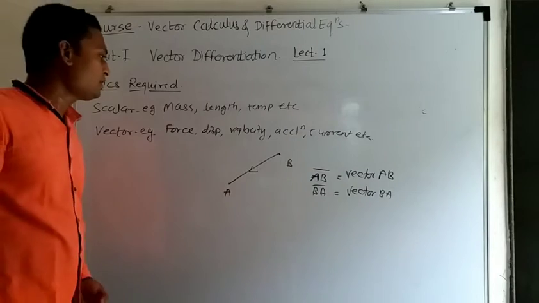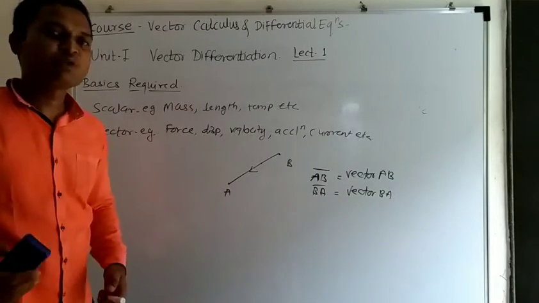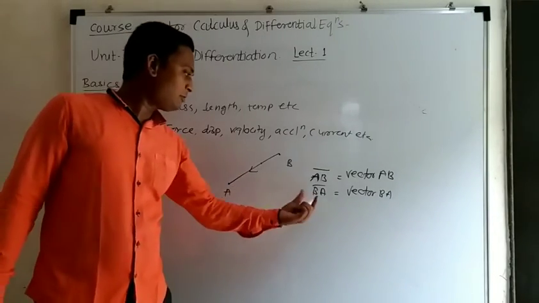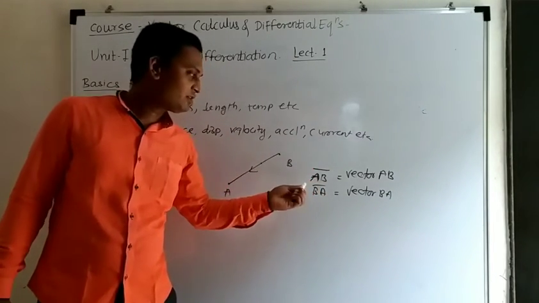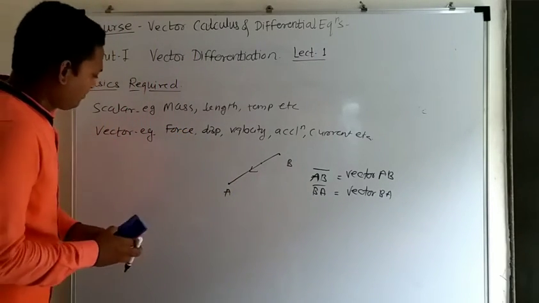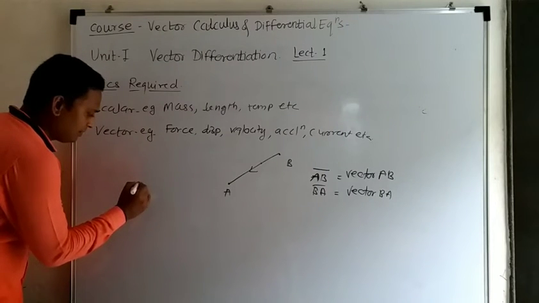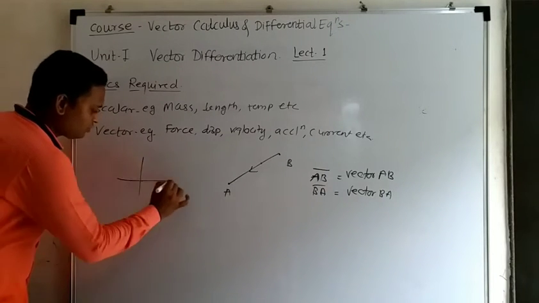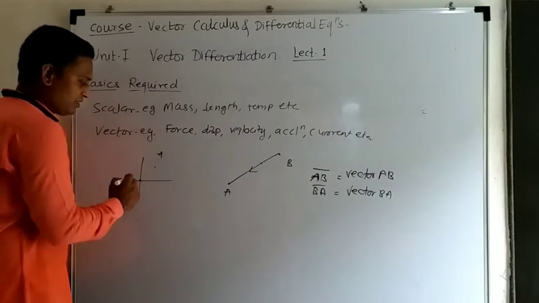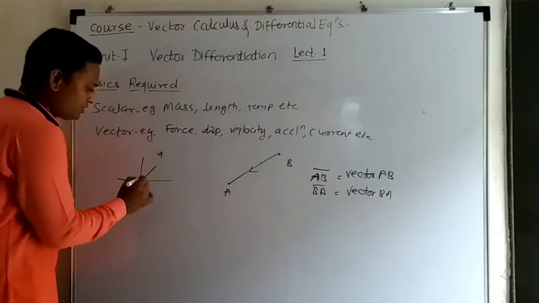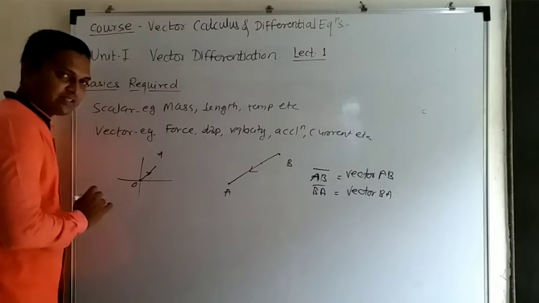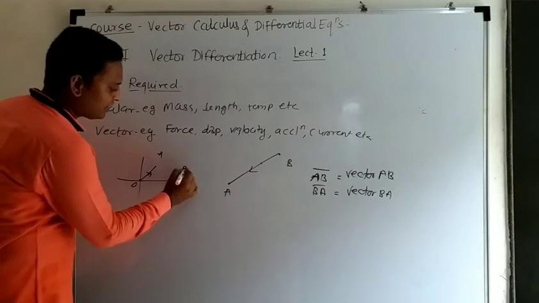Now after this, I am going to discuss the notations which we are going to use in the coming topics. Generally, we are not going to use this type of notation for vectors in this topic. We are going to use shorthand notations for the vectors. So, for example, if this is our 2-dimensional space, this point is the origin, and this is any point in space, let us say A, and when we join O and A, and if we consider O as the initial point, we will get a vector OA bar.